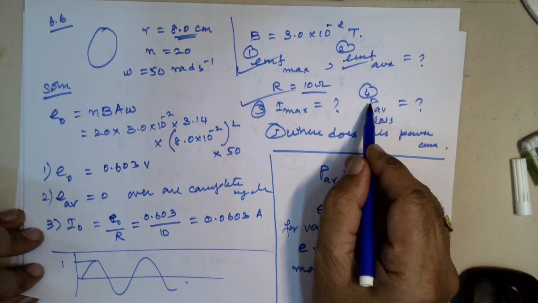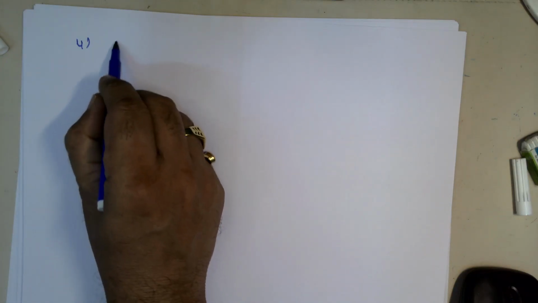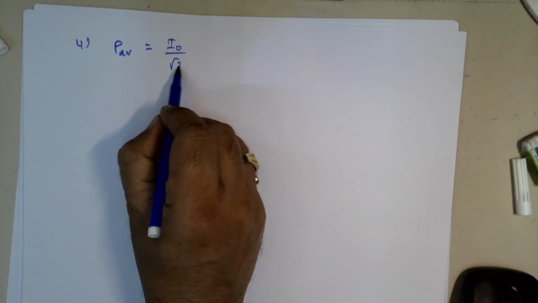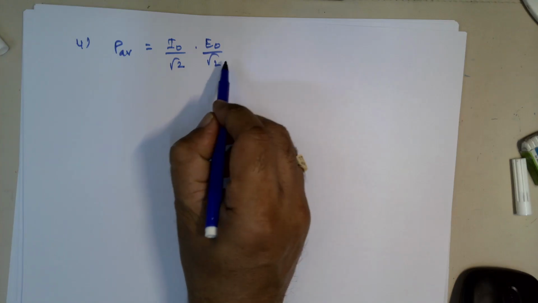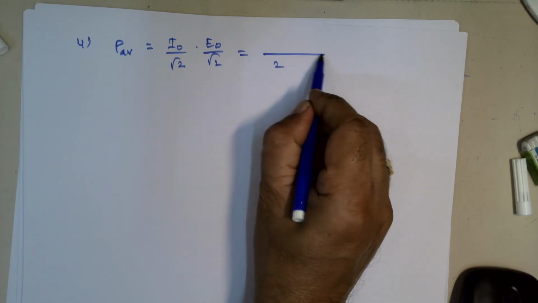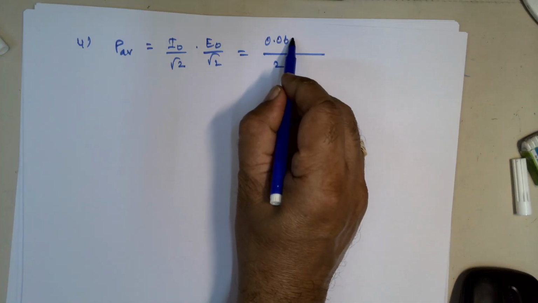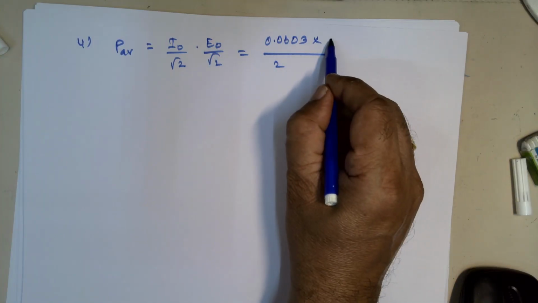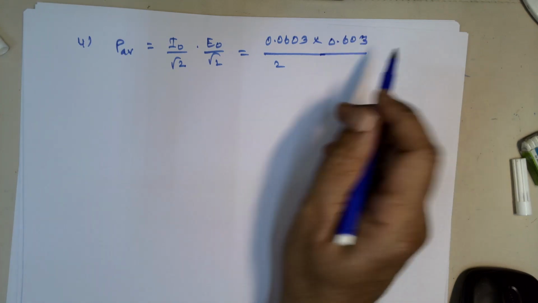And the fourth one, P average. P average is given by I naught divided by root 2 into E naught divided by root 2. Root 2 into root 2 is 2. I naught we just found is 0.0603, into E naught value 0.603.